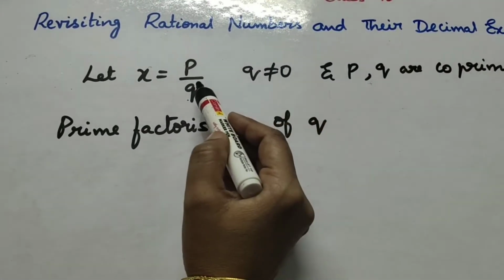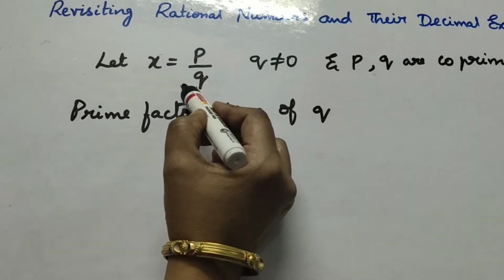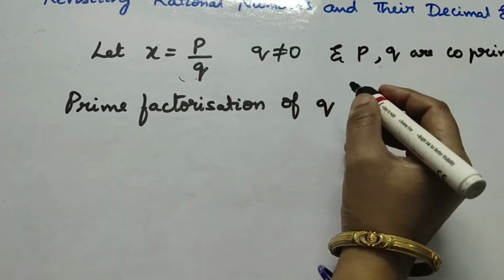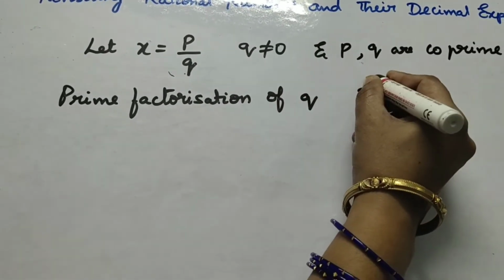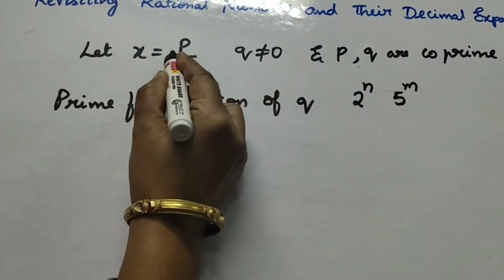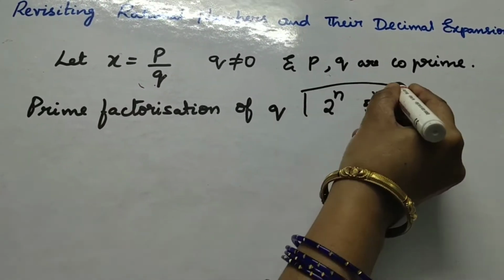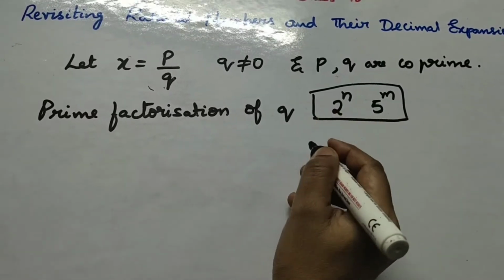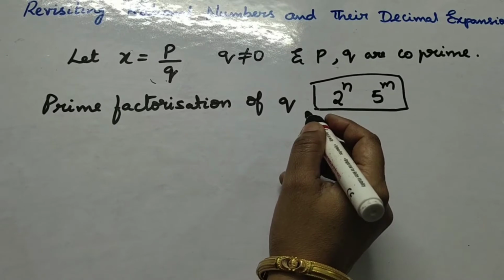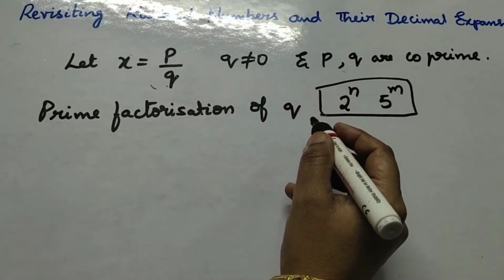Now to check whether it is terminating or not, if you find the prime factorization of the q, it should be in the form of 2 to the power of n and 5 to the power of m form. So when you find the prime factorization of the q, if it is in the form of 2 to the power of n and 5 to the power of m form, then it is a terminating decimal. The decimal expansion will terminate.